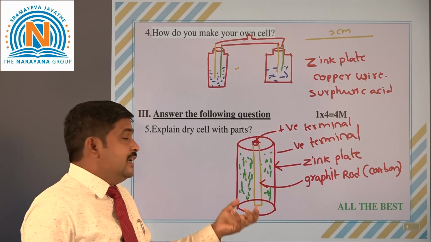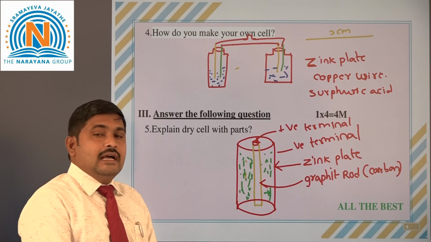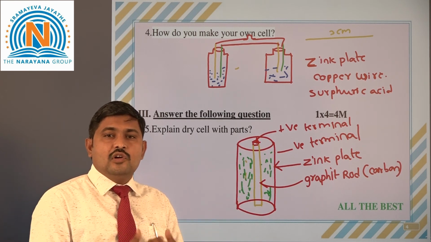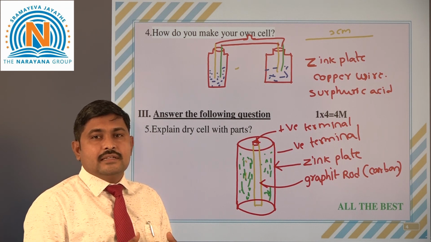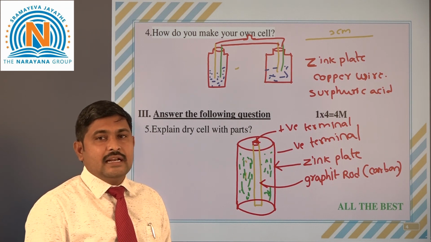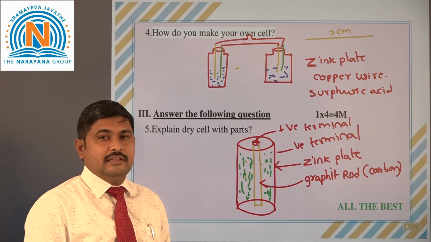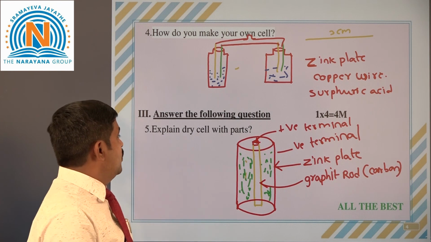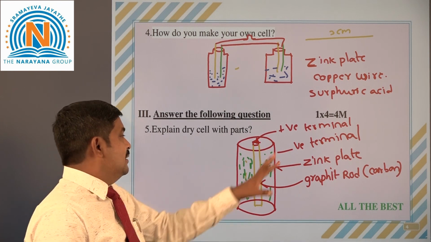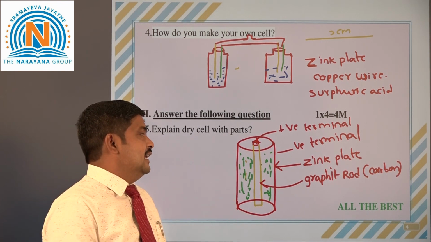After that, whenever the chemical has lost the conversion of its energy to electrical energy, the electrical current supply cannot be there in the cell. Then we say that the battery is dead. So, this is how the dry cell with its parts works, and we can understand it.